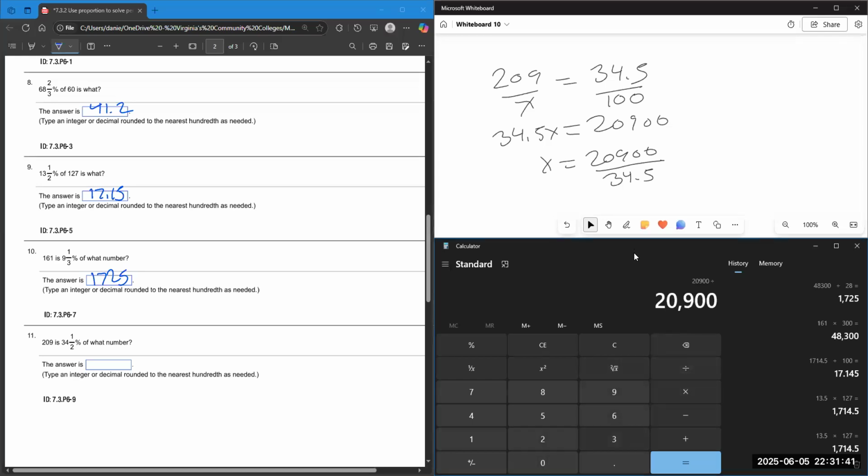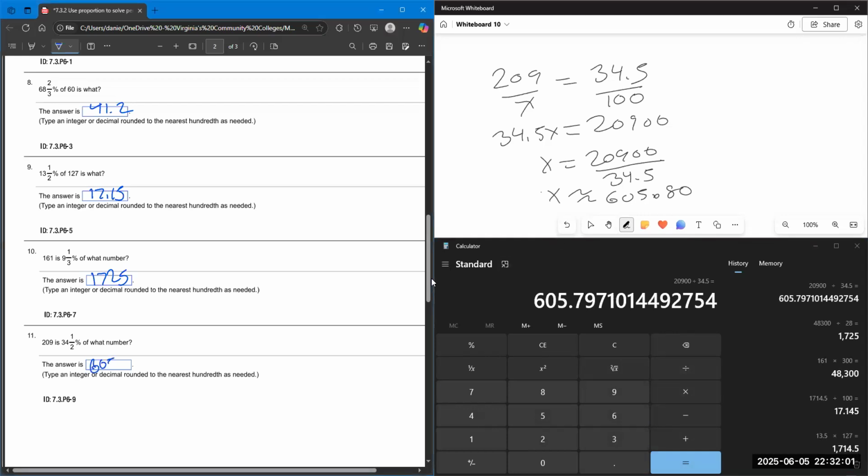Rounded to the nearest hundredth as needed, X is 605.80. That 0 is significant because it was 0.79 that got rounded up to 0.80. So we do not drop that because it's not a trailing 0.